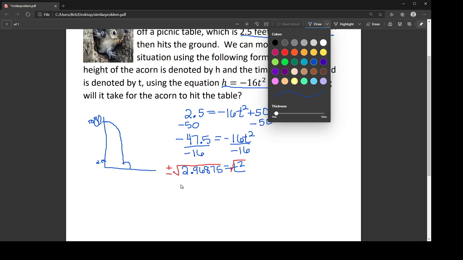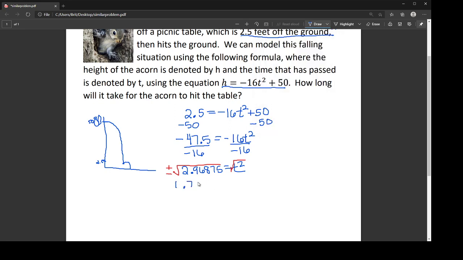And I'm getting 1.723, essentially. And it's positive or negative is equal to t. So this is saying that there's two answers. They're saying that t is a positive 1.723, or t is a negative 1.723. Okay, that's what that plus or minus symbol means.